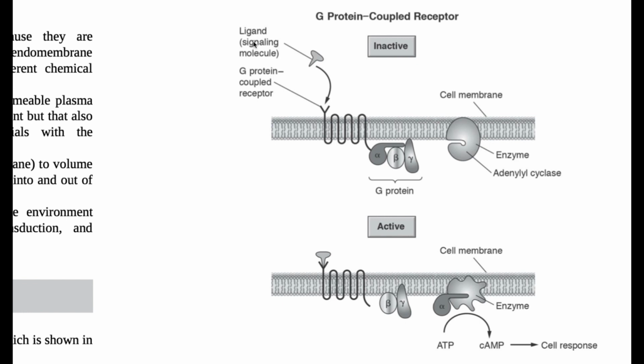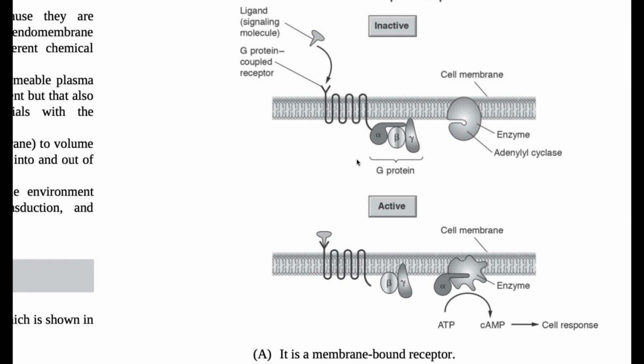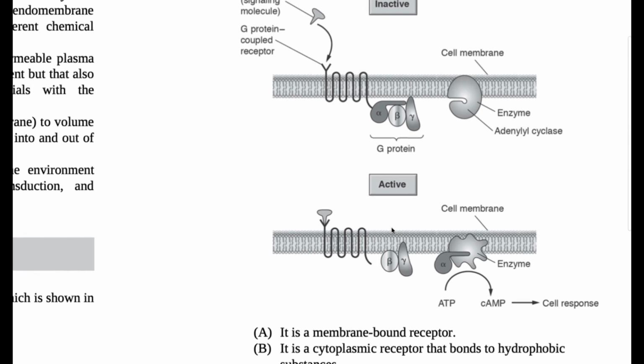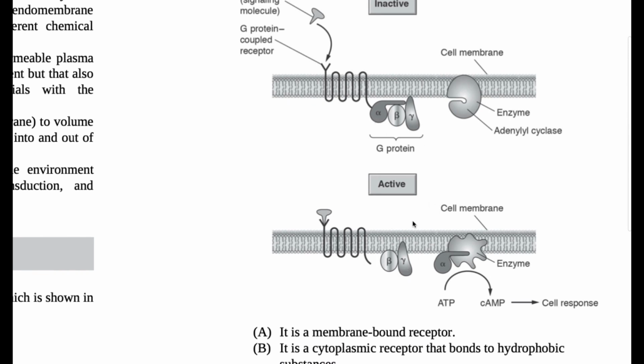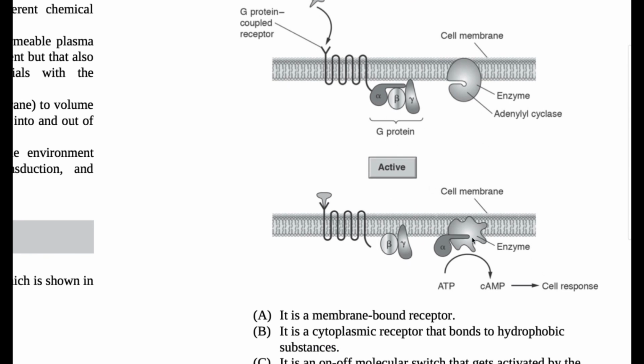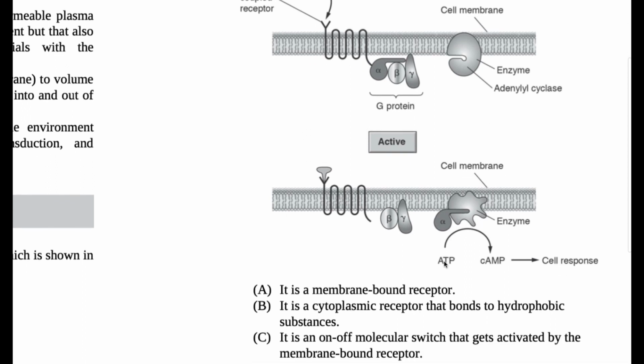In the active state, the ligand bonds with the G protein coupled receptor on the membrane, and that triggers the reaction. The G protein bonds with the enzyme and changes its shape, and then it releases a substance called cAMP, which will trigger the cell response.